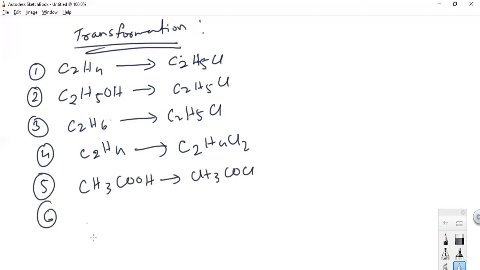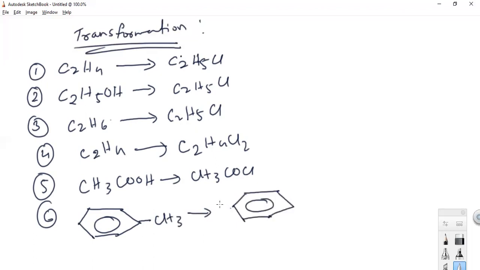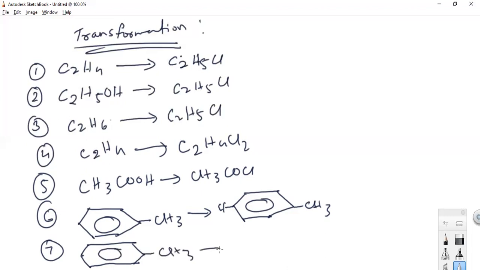And number 6 we have CH3 towards CH3. Simply they're giving you all the possible products, and they're asking you to write the conditions and reagents. Try it by yourself, pause the video. If you can't do it, then I'll help, so don't worry.